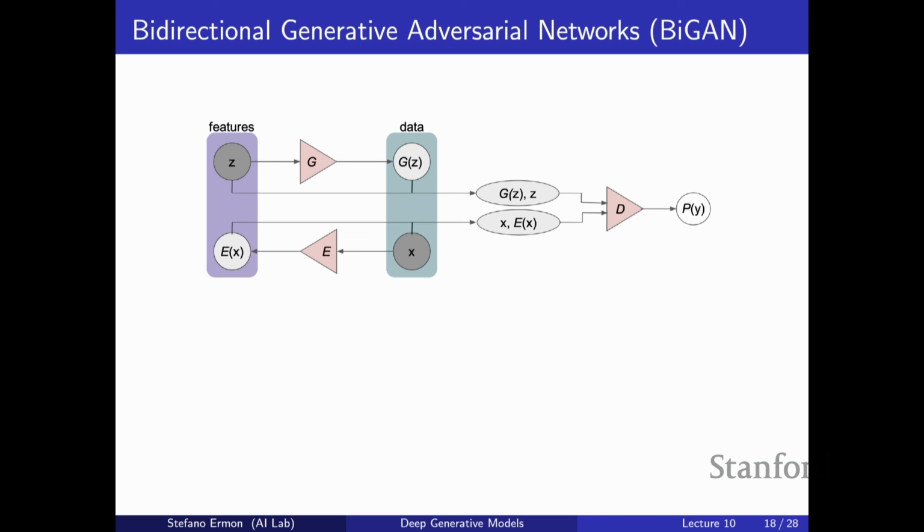So it's going to work on pairs of inputs, X and Z, where sometimes the X's are real, sometimes they're generated by the model, and same thing: sometimes the Z are produced from the prior, and sometimes they're produced by feeding real data to the encoder.